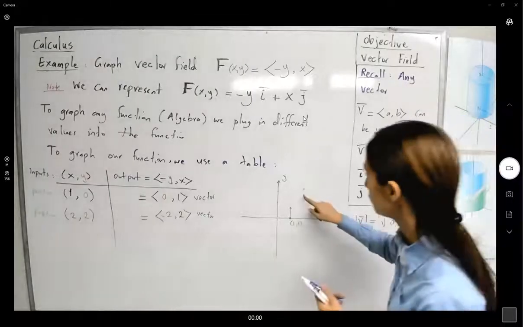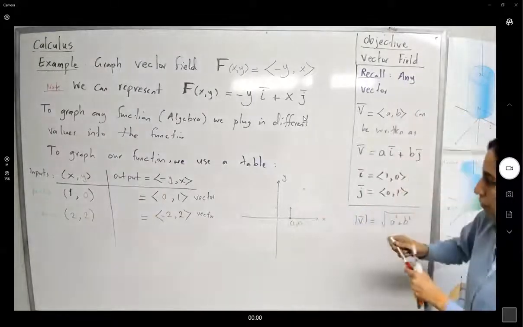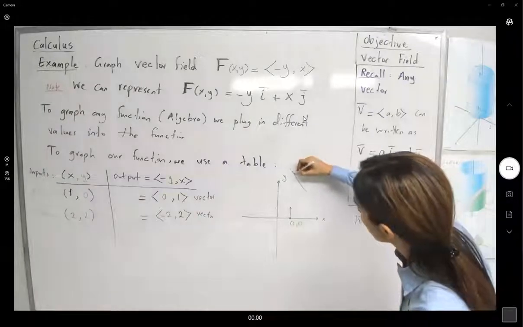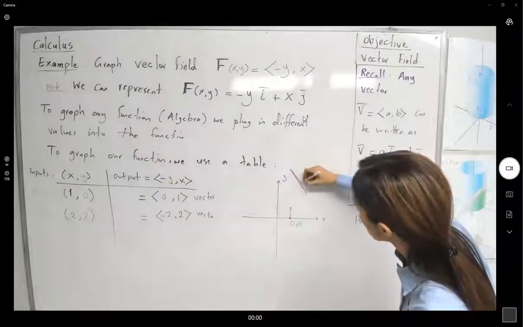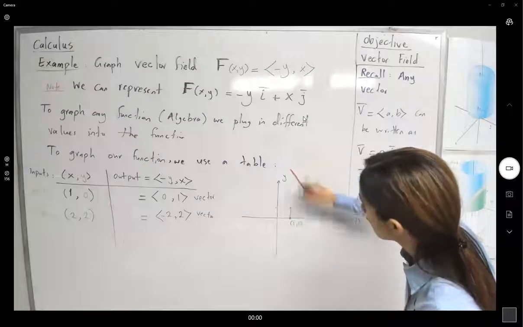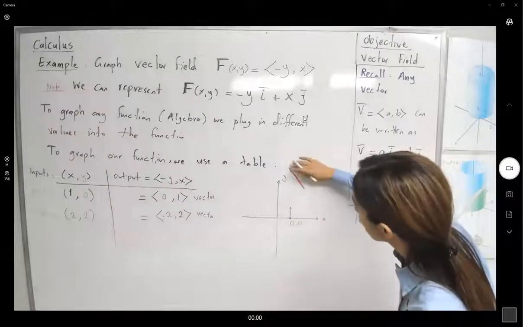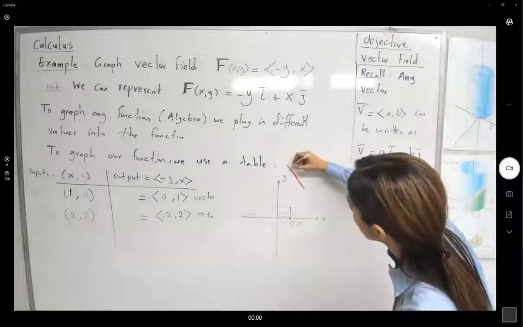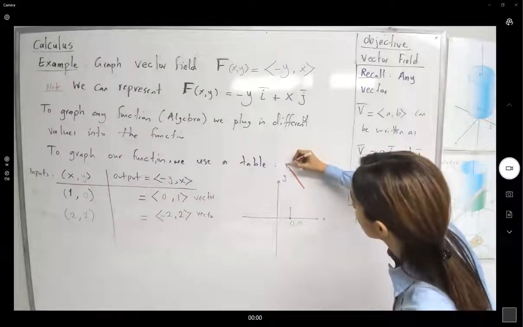So if you want to think about this vector, first of all, the length is going to be larger than the first vector that you graphed, and this vector has the direction -2 and 2.